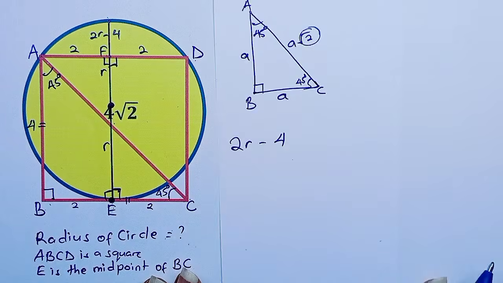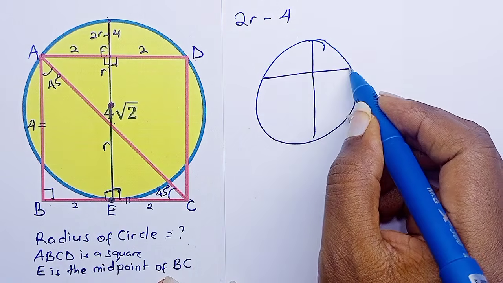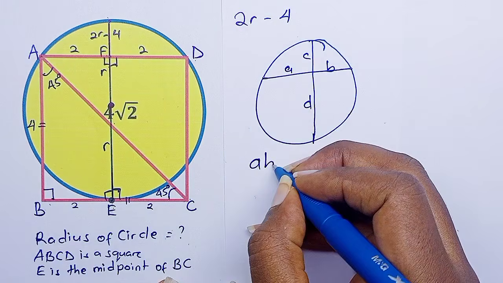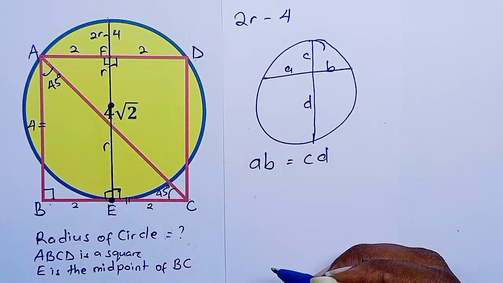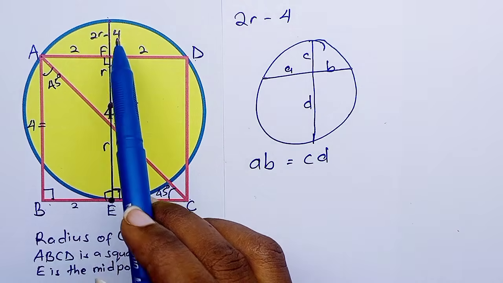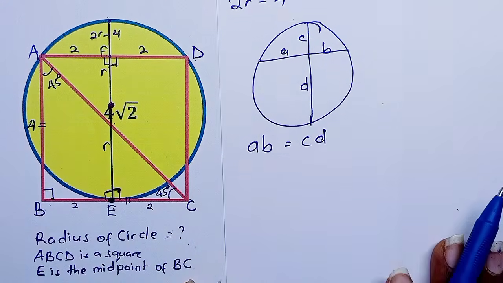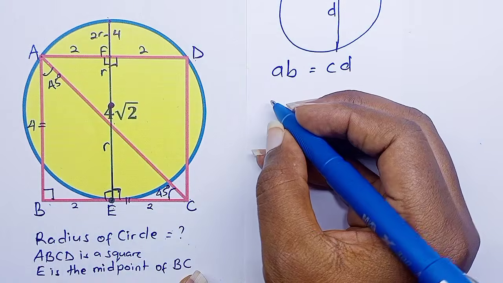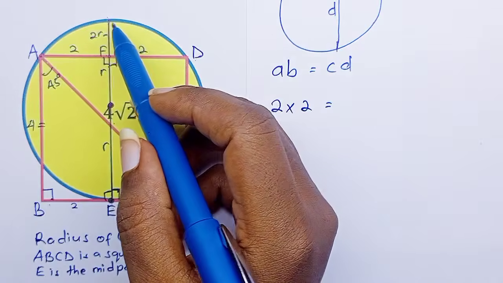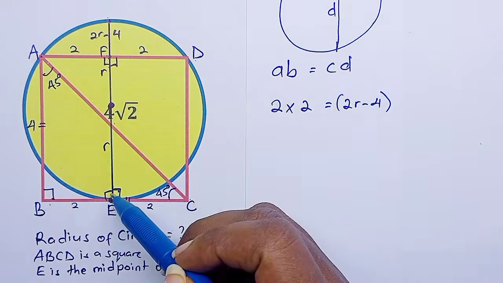So from the intersecting chords theorem, if you have a circle and you have two chords where this is A, this is B, this is C, and this is D, then A times B is equal to C times D. Now in our diagram, AF is A, FD is B, then from here to point F is C, and from F to E is D. So replacing in this formula, this will be 2 times 2 being equal to, from here to here, 2r minus 4. Then our D is from here to here, which is equal to 4.